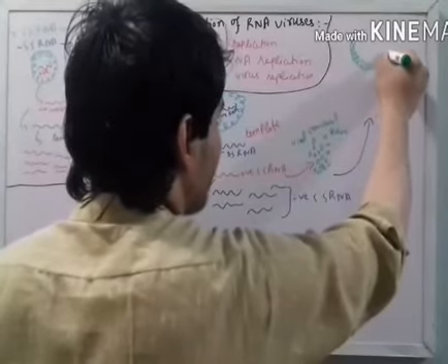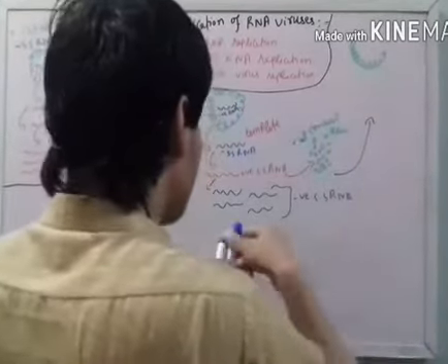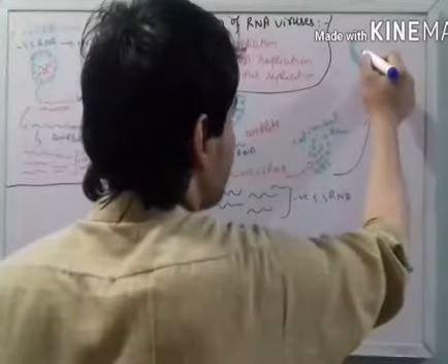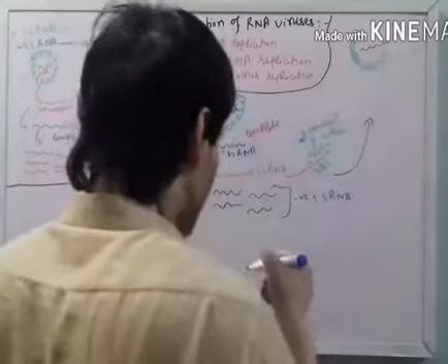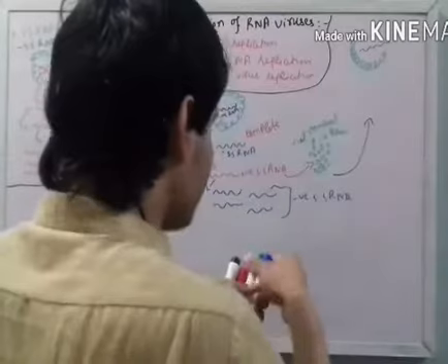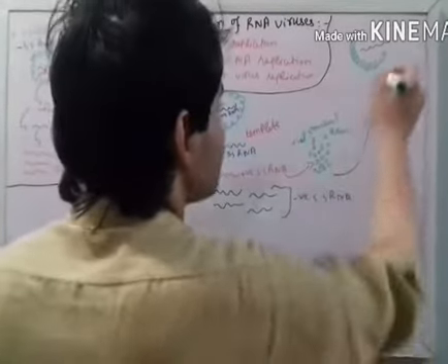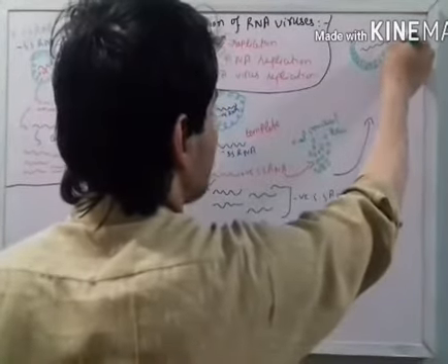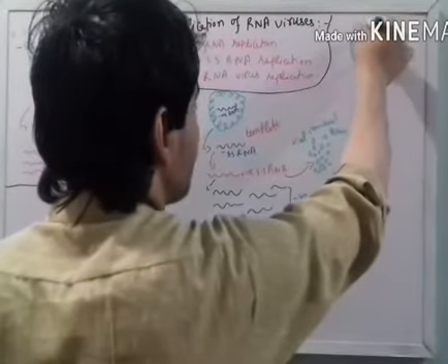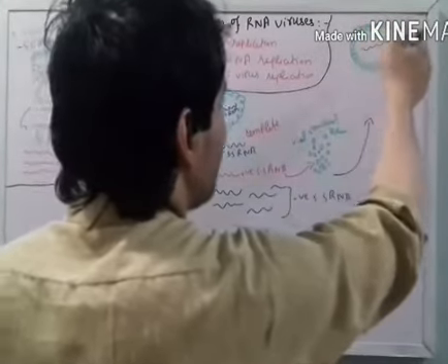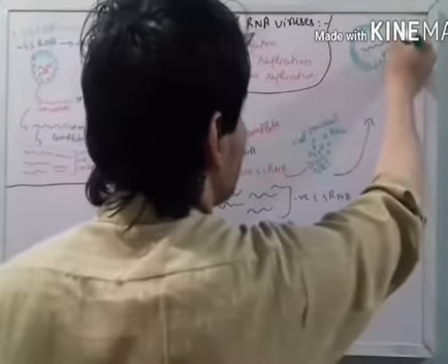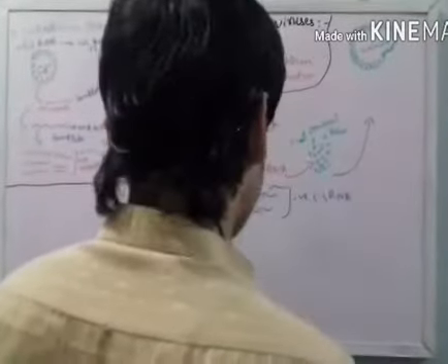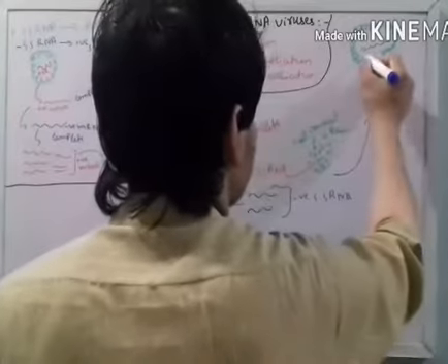First we have a negative strand, and this negative strand will be surrounded by the capsid protein. So again we get the progeny virus.